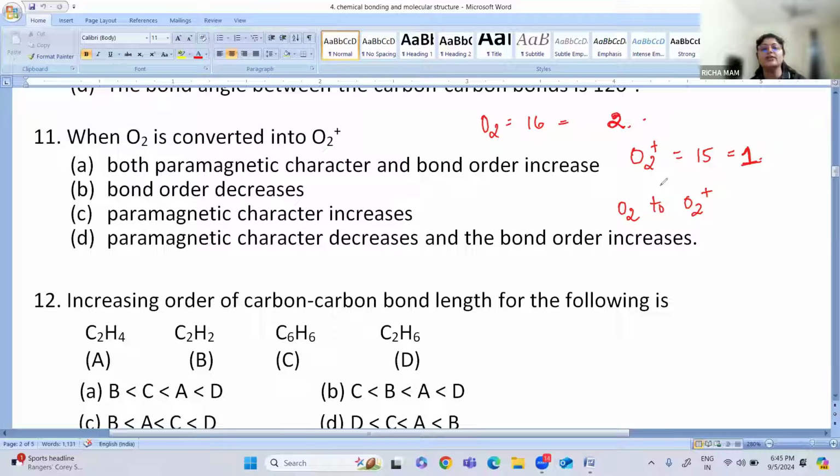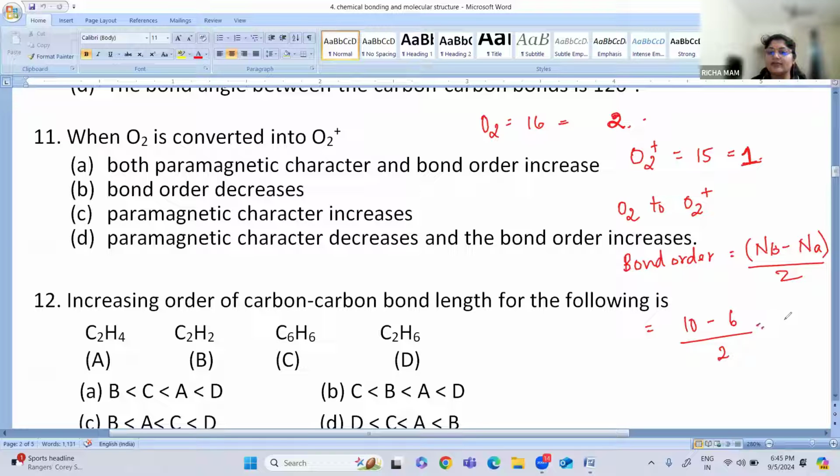Now, how do we calculate the bond order? We know the formula: bond order is the number of electrons in bonding minus the number of electrons in antibonding, divided by 2. In O2, the number of electrons in bonding is 10 and in antibonding is 6, so it is 4 by 2, that is 2.